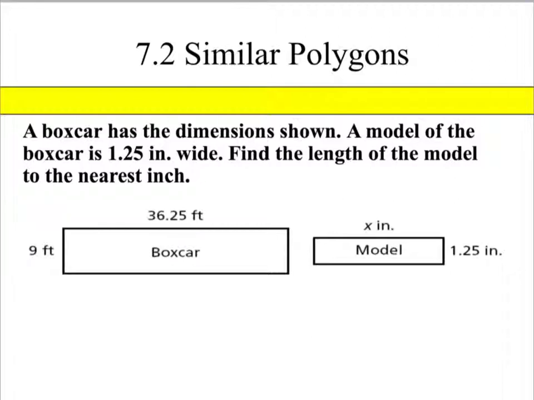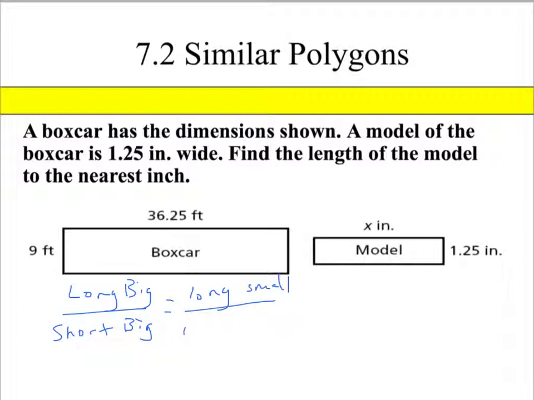For instance, I'm going to put the long side of the big triangle over the short side of the big triangle, and I'm going to set that equal to the long side of my small triangle over the short side of my small triangle as well. So notice on both of these ratios, this is a proportion because I put long over short on one side and I put long over short on the other.